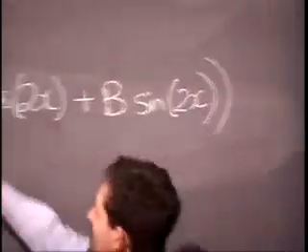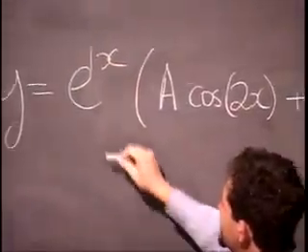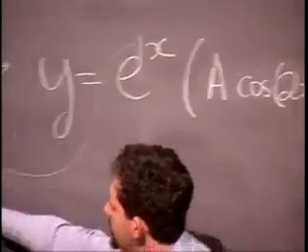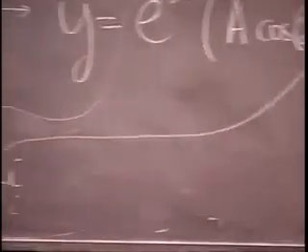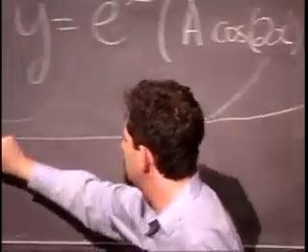So the 1 from here comes from this 1 down there, and the 2 in both places come from this 2.